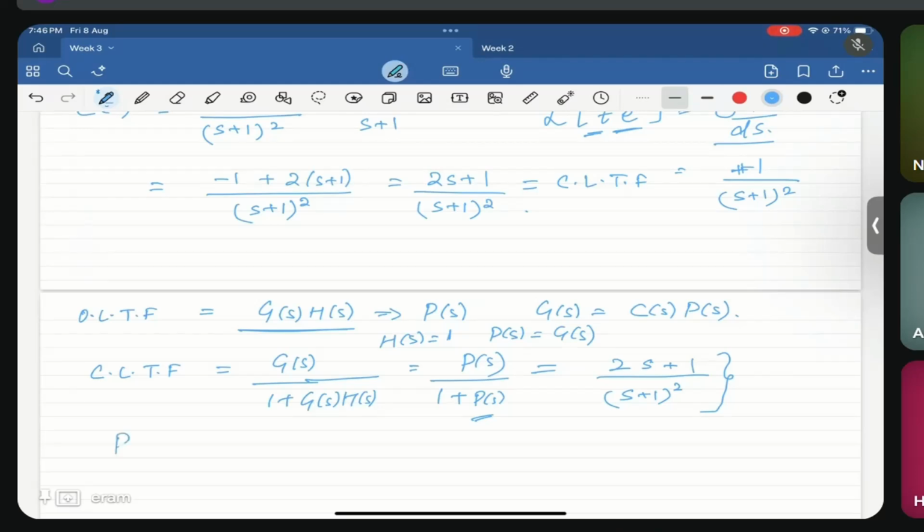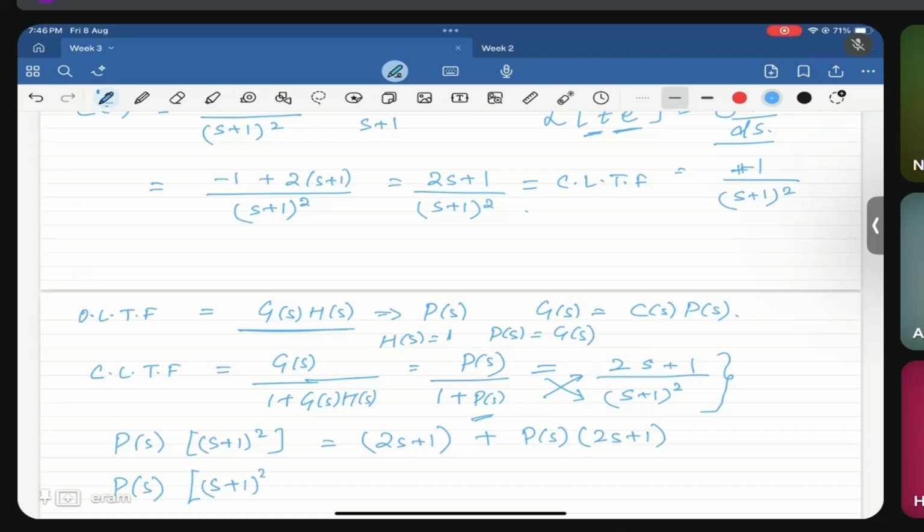So let's solve it. So we have P(s) into s plus 1 whole square equals 2s plus 1 plus P(s) into 2s plus 1. Right? We have done the cross multiplication. Then we can take the P(s) terms on the left hand side.